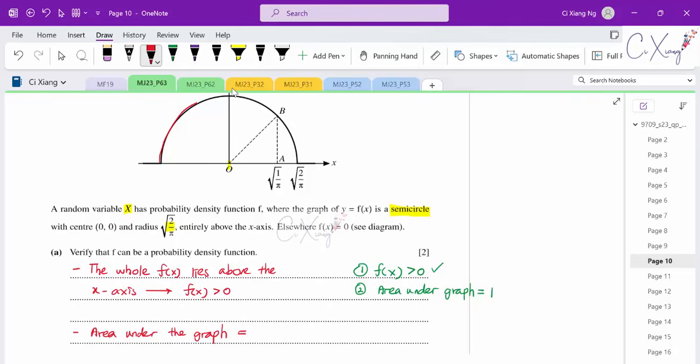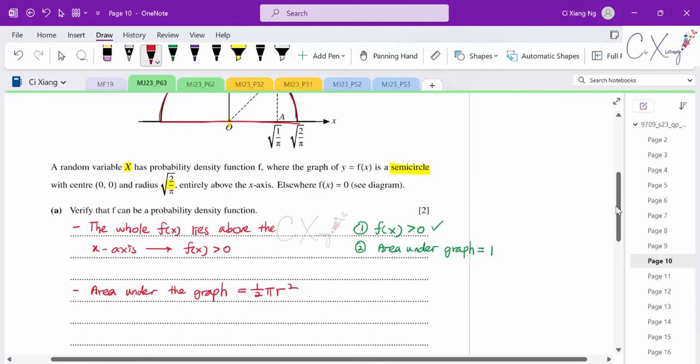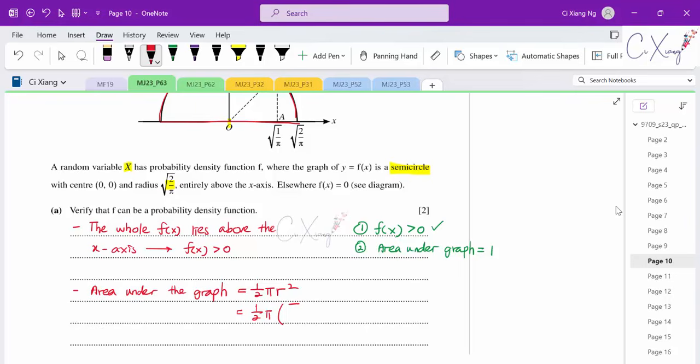Basically, it is the semicircle. So what's the formula for the semicircle? For a circle, it is pi r squared. So a semicircle will be half pi r squared. We need to substitute the r into our calculation. It is given that the radius is square root of 2 over pi. So I use square root of 2 over pi, and then I square it.